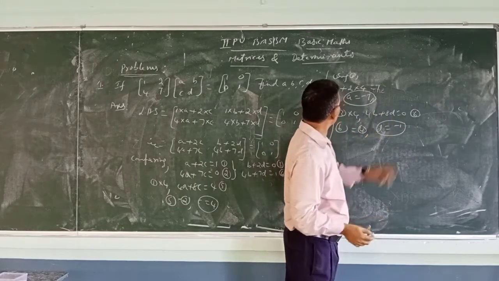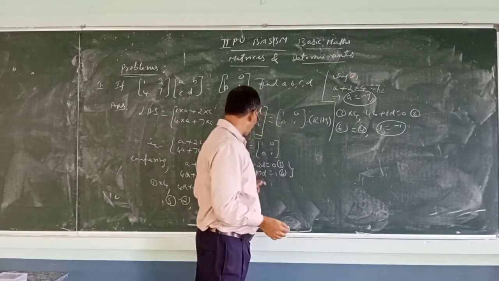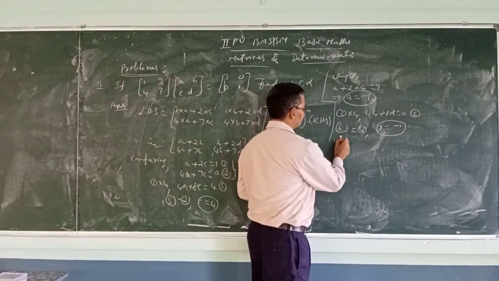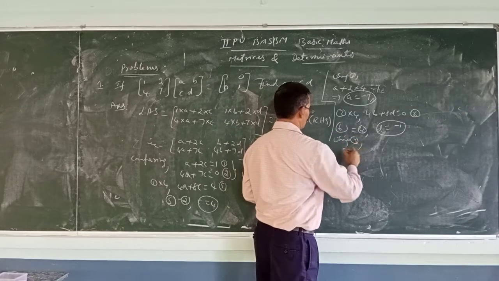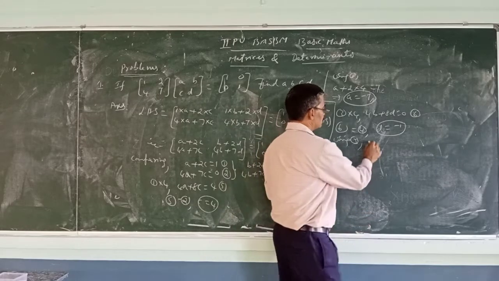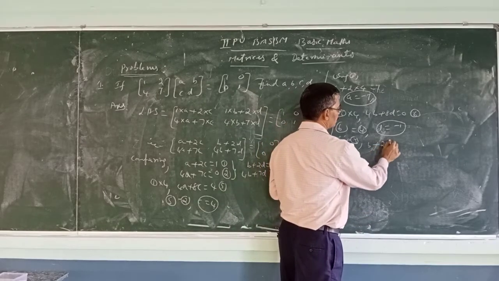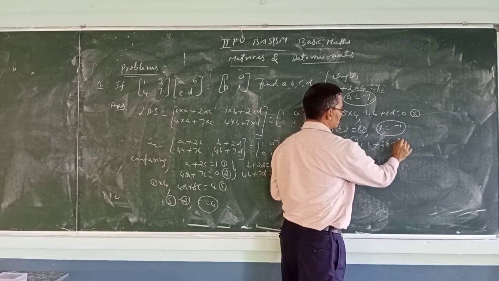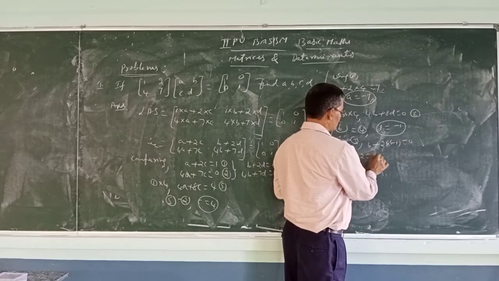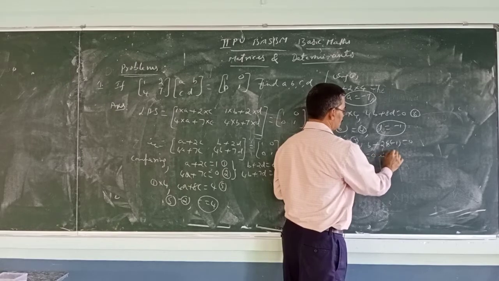Last one, B is required, so using equation 3, B plus 2D equal to 0, with 2 into minus 1, so B minus 2 equal to 0, or B equal to 2.